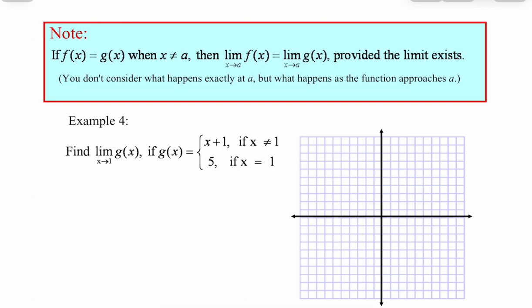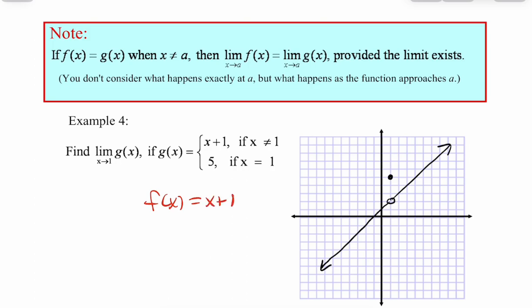What do I mean? Well, let's look at example 4. So we've got this function that looks like this. Now, I apologize for my graphing skills, but doesn't this graph look exactly like x plus 1?